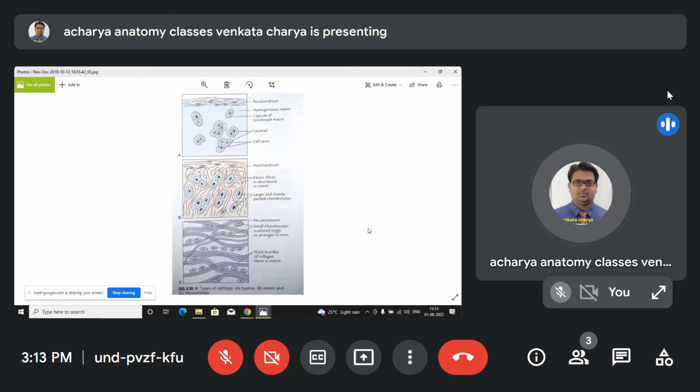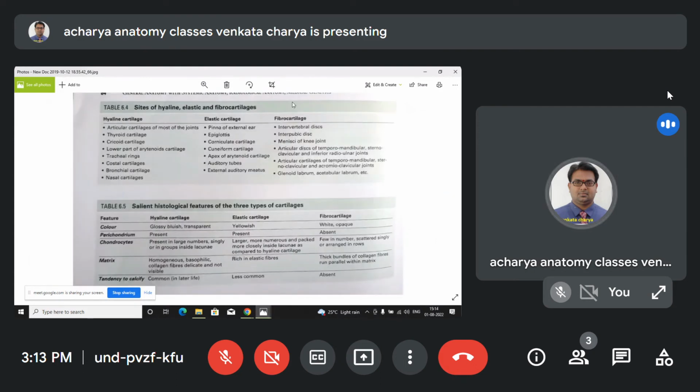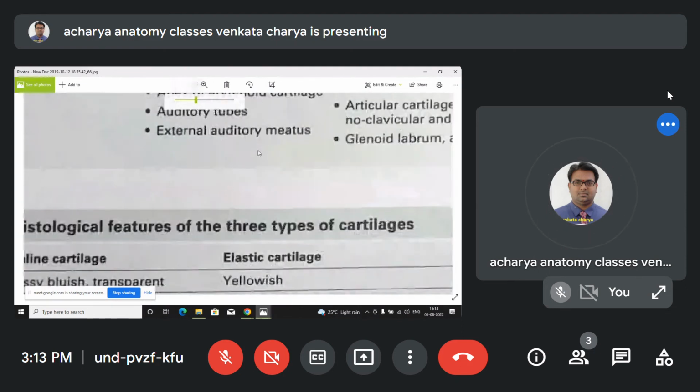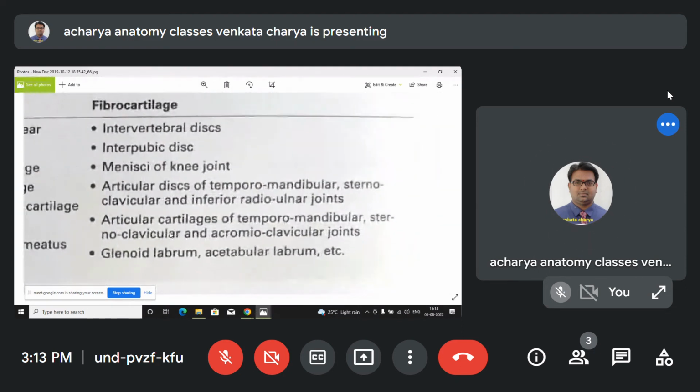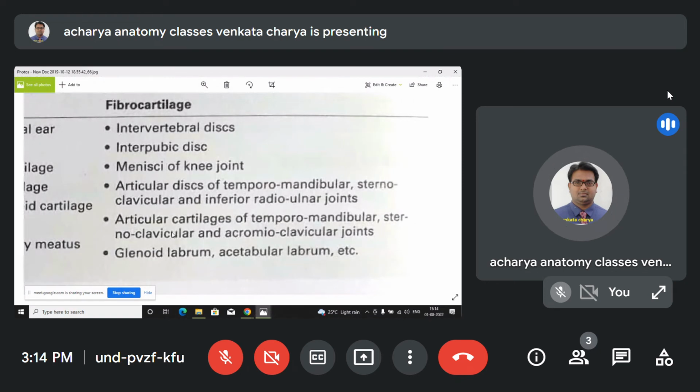Next, come to the fibrous cartilage. Fibrous cartilage location: intervertebral disc, interpubic disc.